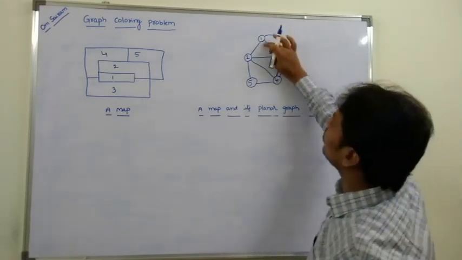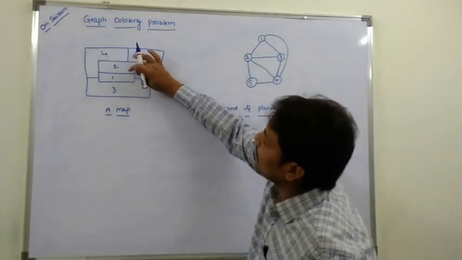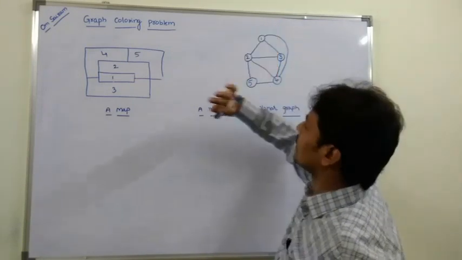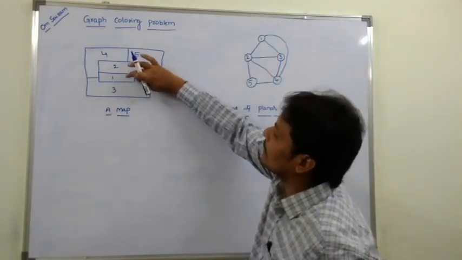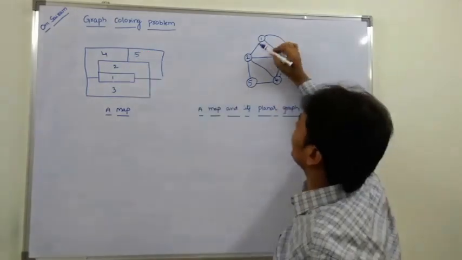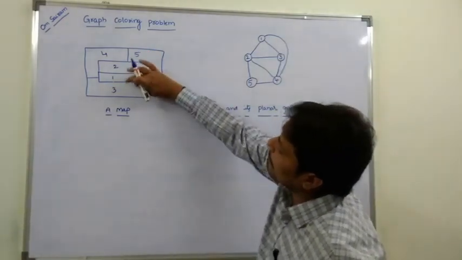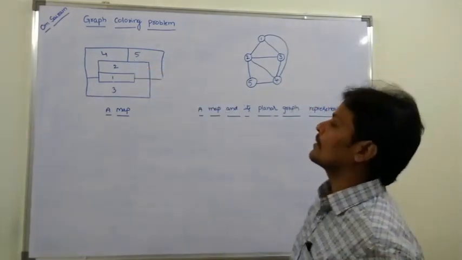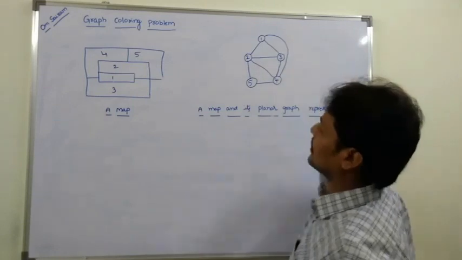Regions 1 and 2 are adjacent, so these two regions are represented by two vertices and connected by an edge. Next, 1 and 3 are adjacent regions, so these two are connected by an edge.